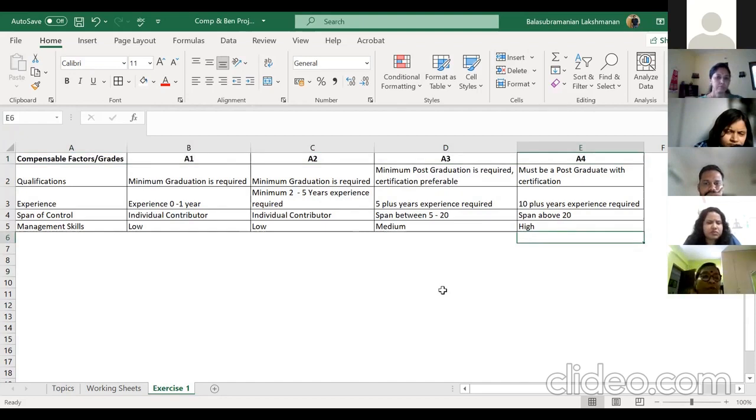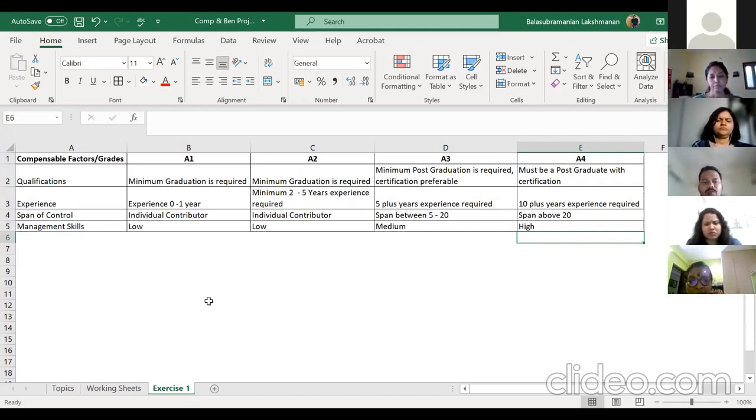So here what you need to do is purely go by the job descriptions, and it's very easy. All of you just go through the job description and then see, with respect to descriptors of the compensable factors, whether he will fit into 1, 2, 3, 4. Now write under A1, under that column, all those jobs which fit into grade 1.